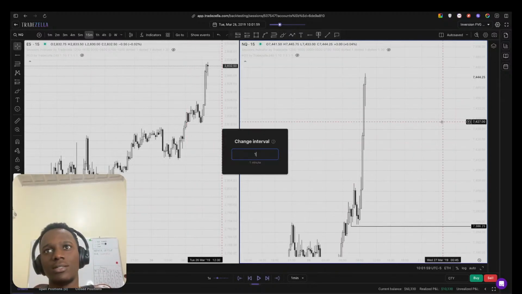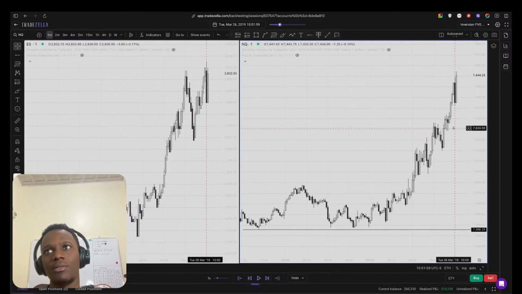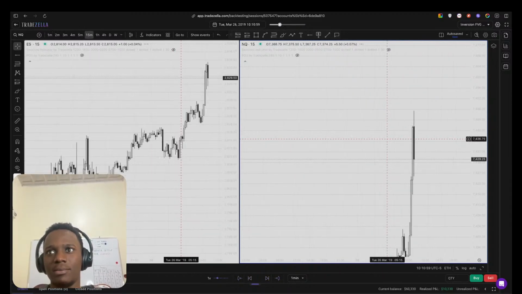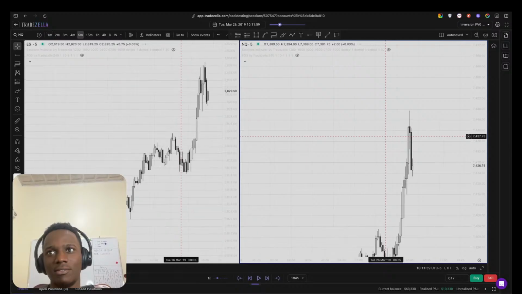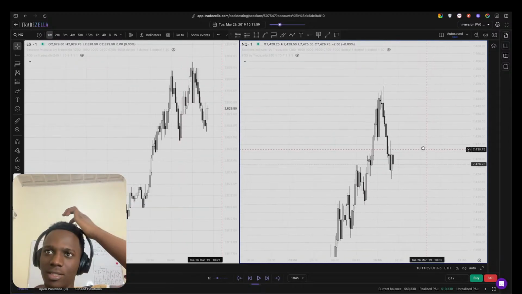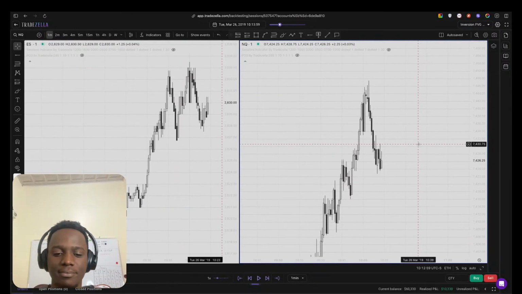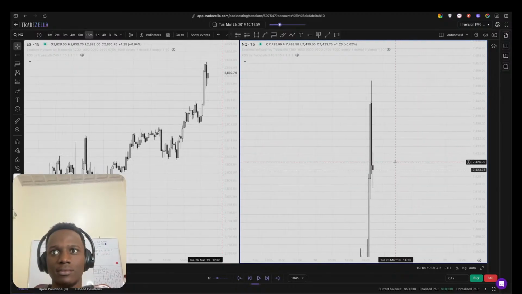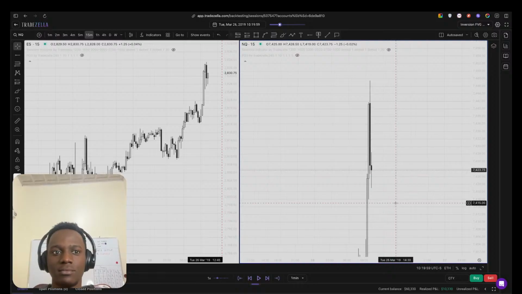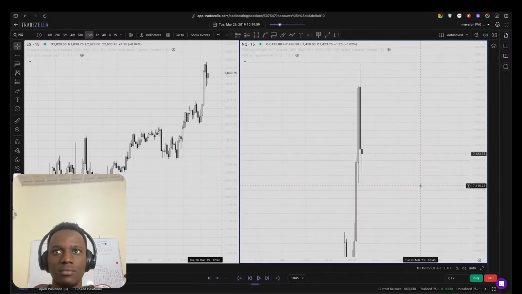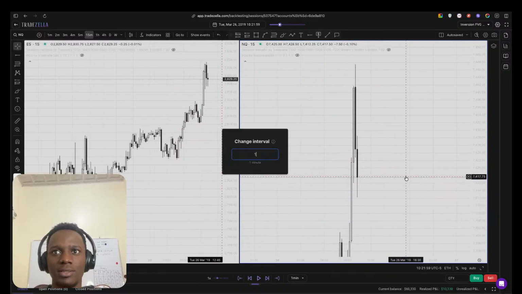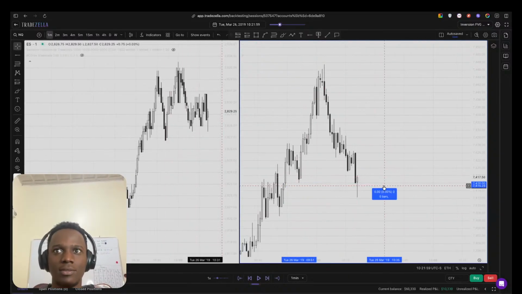Let's see if we can get a PO3 thing here. 5 minute gap retracement. It's not a 15 minute, but 5 minute has inversed, so I'd like to see it drop a little bit further. Okay, we get a 15 minute gap retracement, run on this low here.